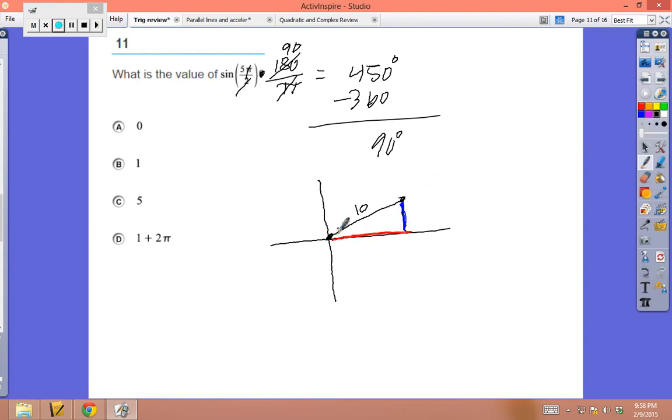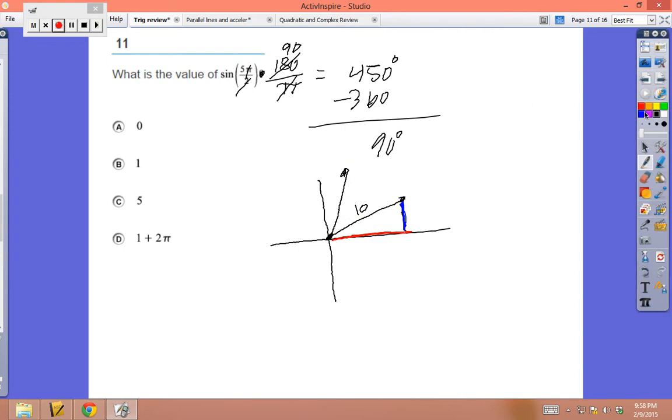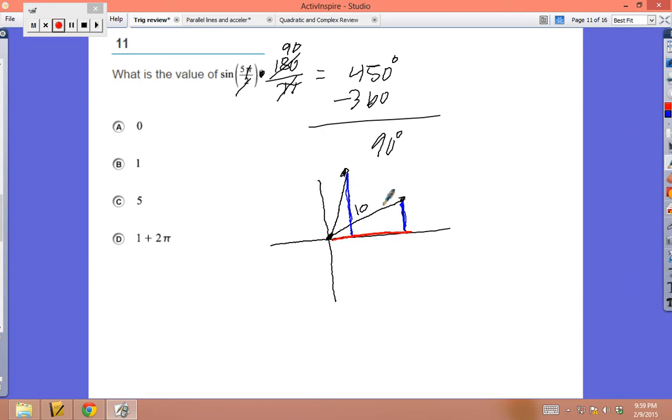And the closer I get to swinging it to land right on 90, so here's my 10 right now, my height is getting taller and the base is getting smaller.